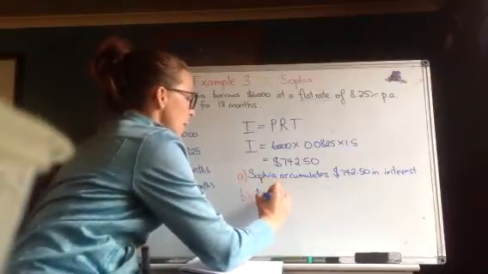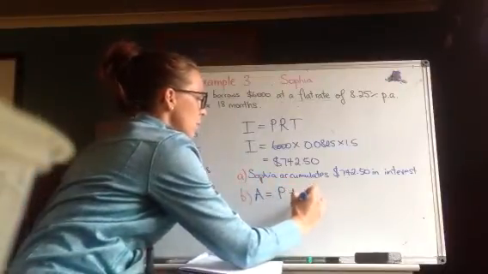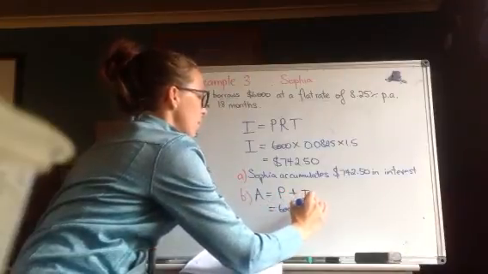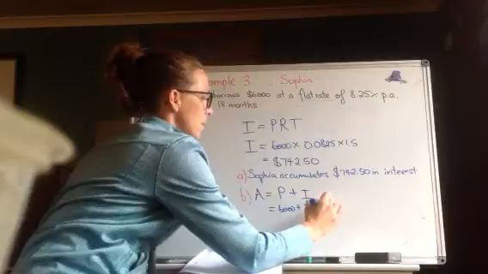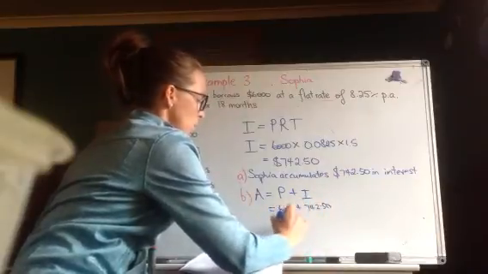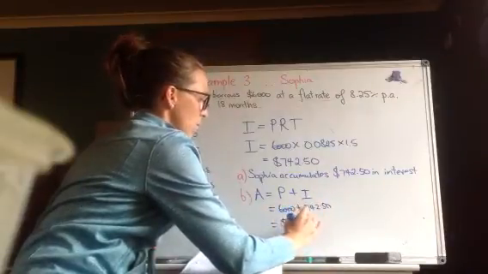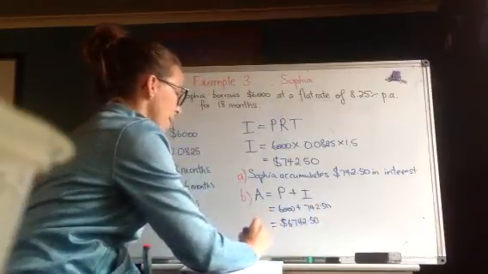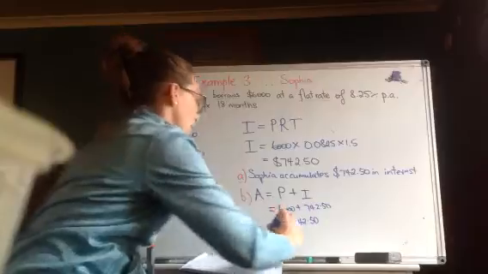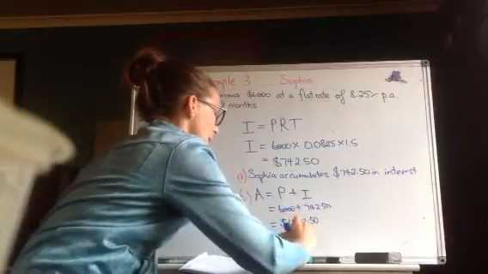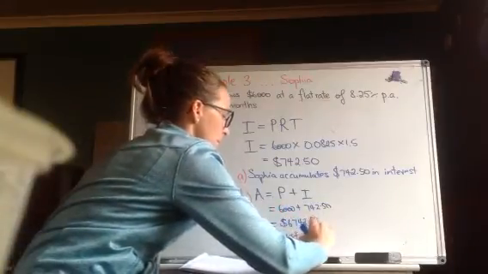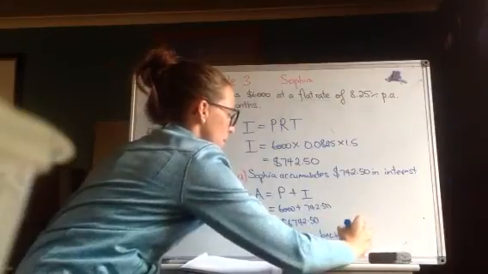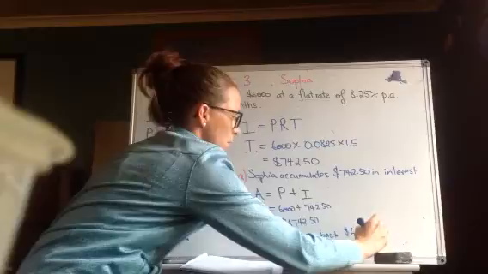So amount equals the principal plus interest, which equals 6,000 plus $742.50, which is equal to $6,742.50. So Sophia must pay back $6,742.50.